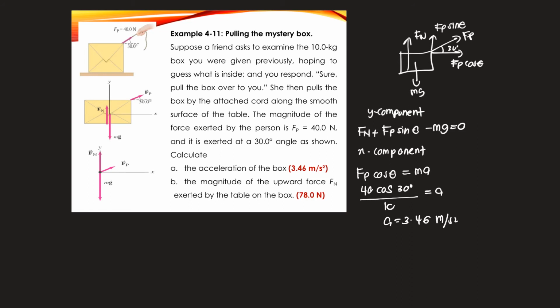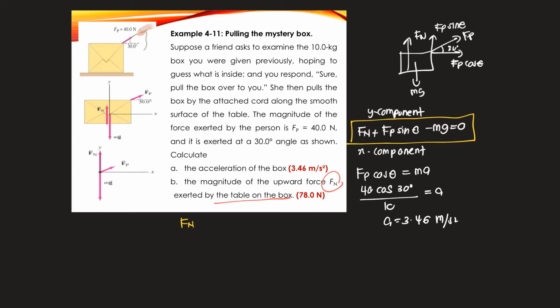Next is the magnitude of the upward force, which is the normal force, exerted by the table. Even though I didn't mention normal force, you need to know that the force applied to the box by the table is the normal force, or the other name, contact force. We use the formula derived for the y component: Fn plus Fp sine theta minus mg equals 0.